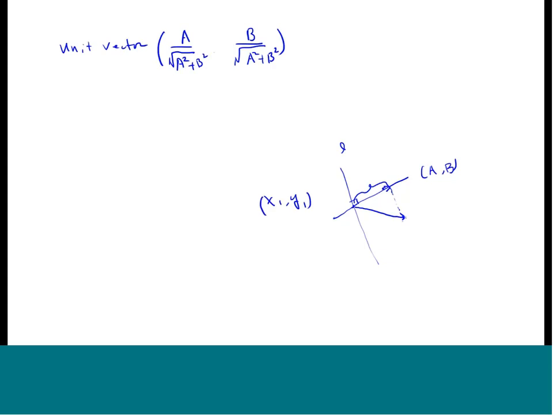So we connect this vector. This vector is going to be x0 minus x1, then y0 minus y1. So P is still x0, y0.